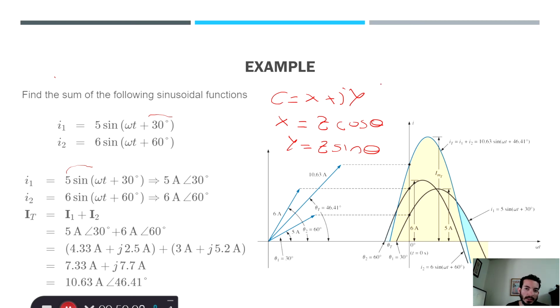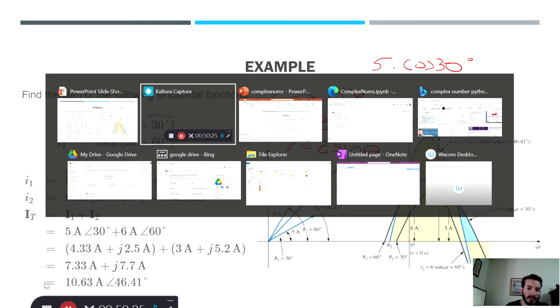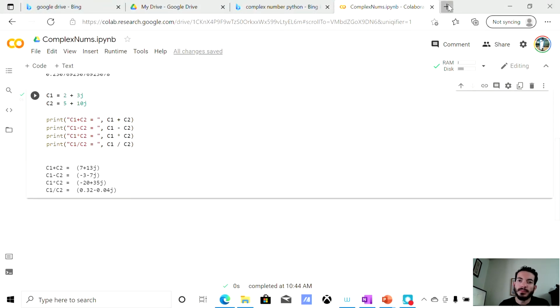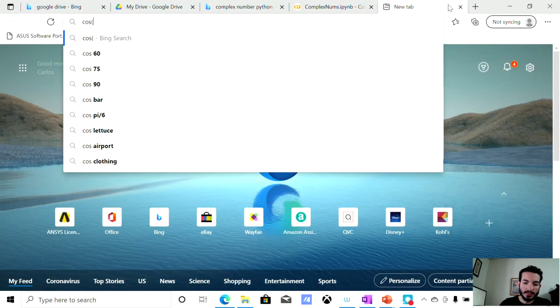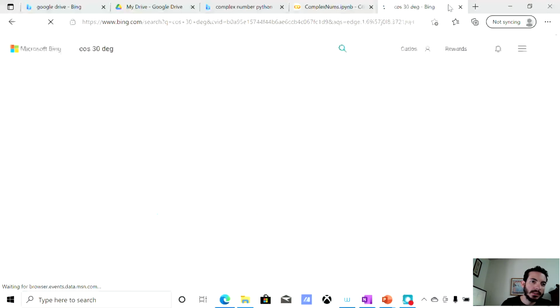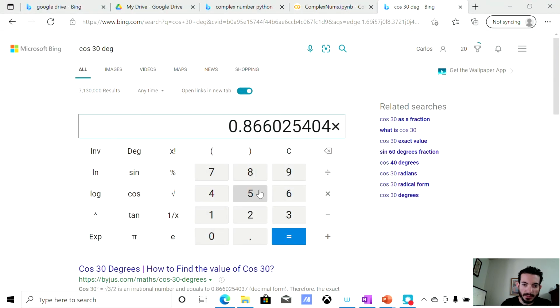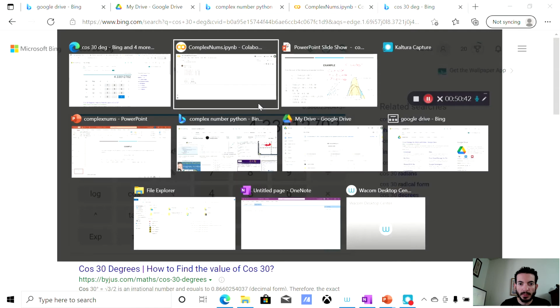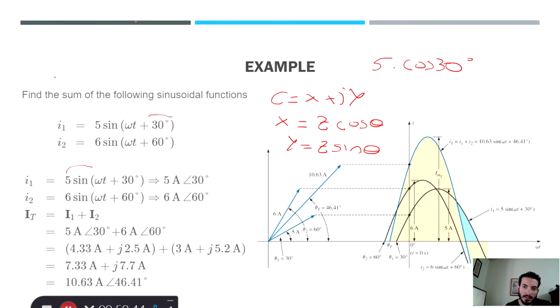For the first one, z is 5 times cosine of 30 degrees. This will give you 4.33. In fact, if you don't have a calculator, we can compute cosine of 30 degrees times 5 equals 4.33. Okay, so that is going to be my x number.